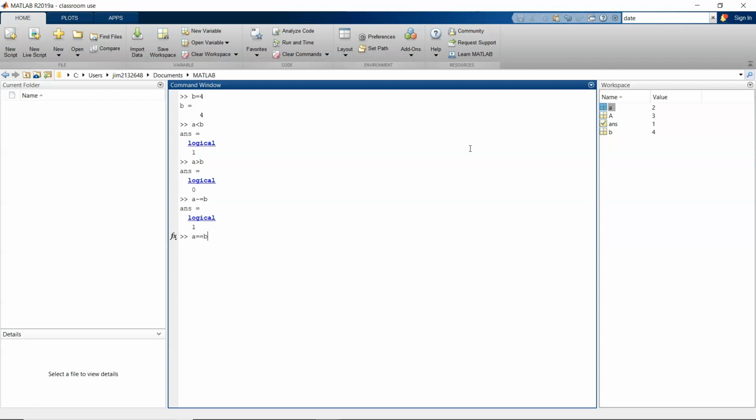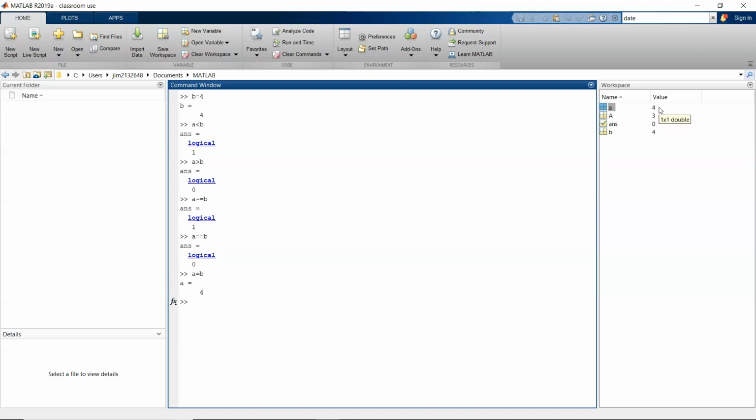A equal B, double equal sign comparison, single equal sign set. This sets A equal to B. Well, b is 4. It'll make little a, and take a look here, as soon as I hit return, it'll change little a to 4.